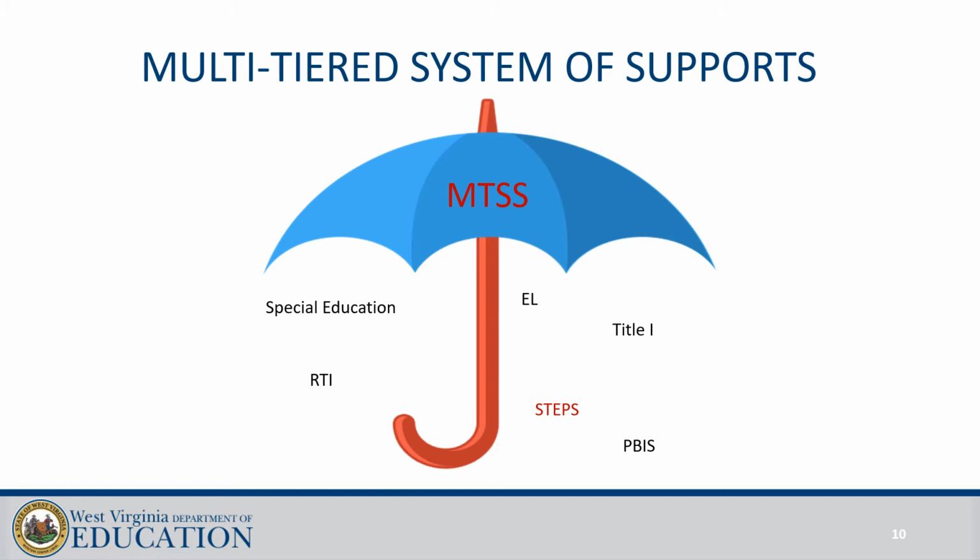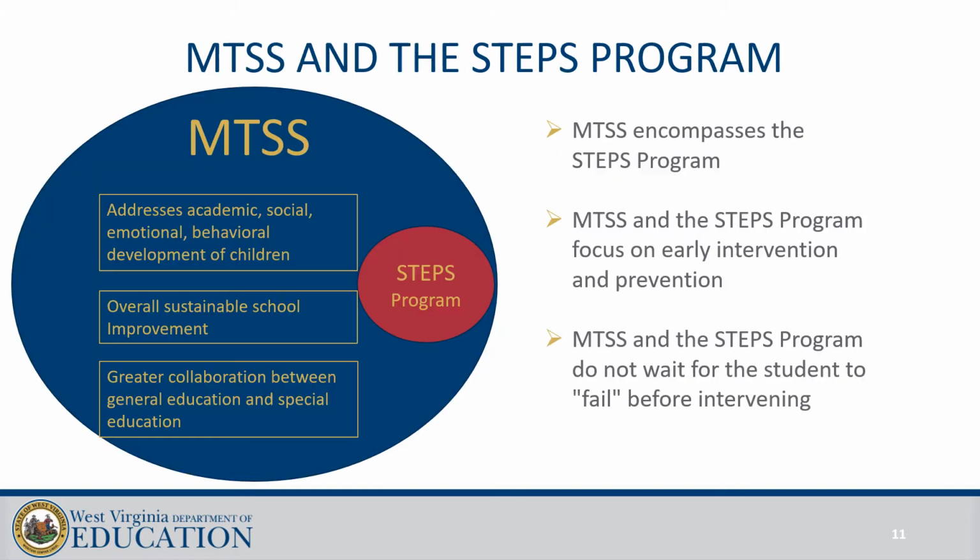As we take up our role as educational speech-language pathologists, we'll become an integral part of the big MTSS. Our role would be more than special education. Remember that the MTSS, or big MTSS, encompasses the STEPS program.